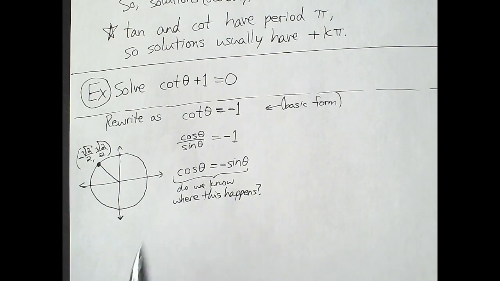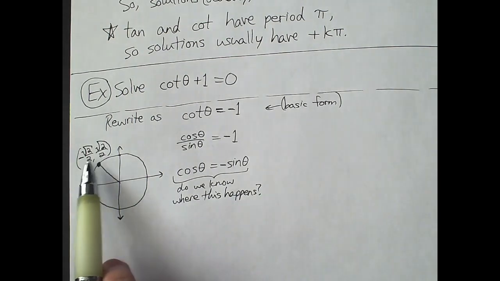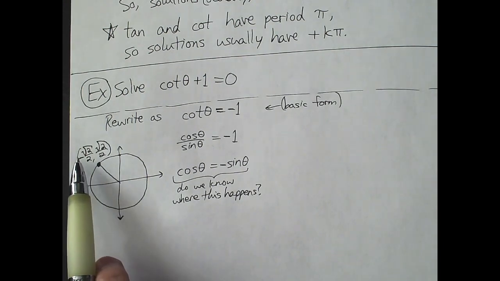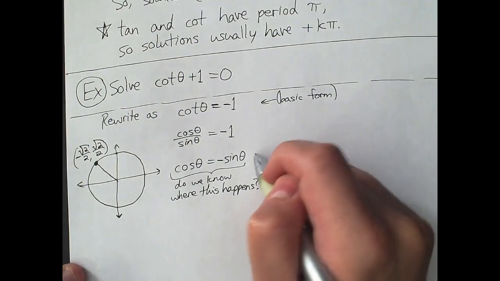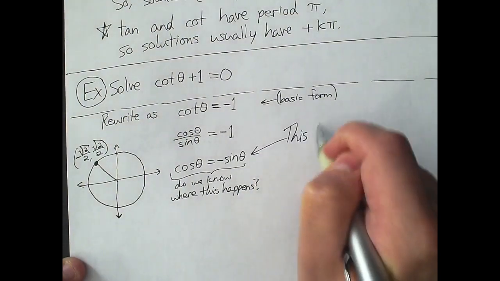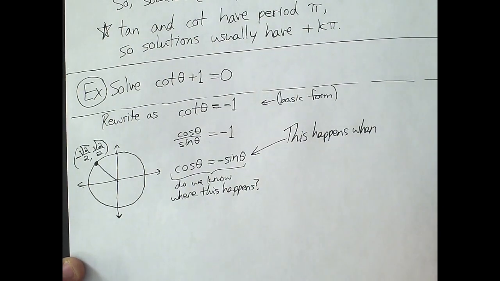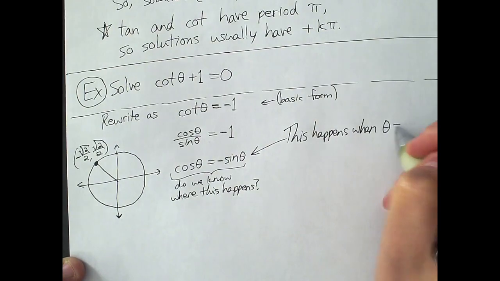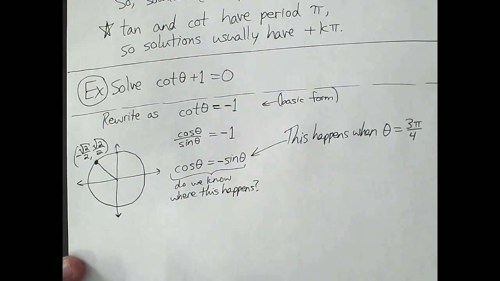I came up with that because I was trying to think of a place where I would get the same coordinate, except the cosine one is the negative of the sine one. So they're the same number, except there's a minus in front of this one. So I'm going to say this happens when theta equals 3 pi over 4. That's the angle that I drew there.